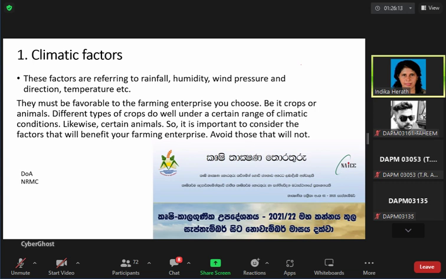For example, if someone wants to invest in cultivating coconut, and you find that the land area you have selected does not have enough rainfall, okay, coconut palm needs more than 1250 millimeters of annual rainfall. If the land available to you is not getting that amount of rainfall, are we going to stop the process or the cultivation?